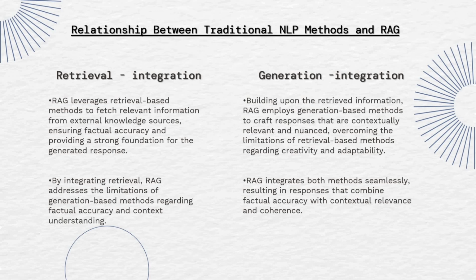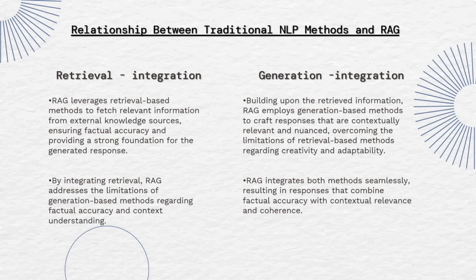Under the retrieval integration side of things, when the relevant information is extracted from the database, it is word to word exactly the same information which is stored in the database. When that information is extracted, it is then passed to the generation based methods like RNNs or LSTMs or transformer architectures, where it is worked upon to add context and creativity to the retrieved information to craft a well-formed response.